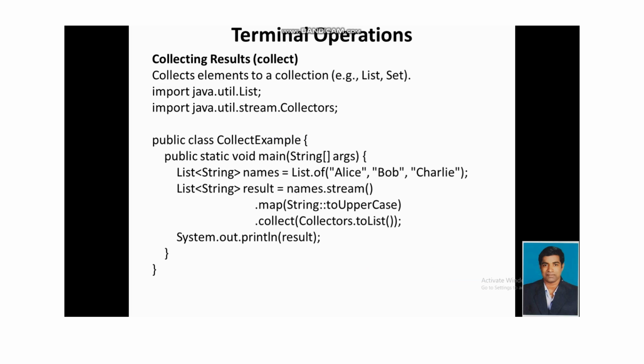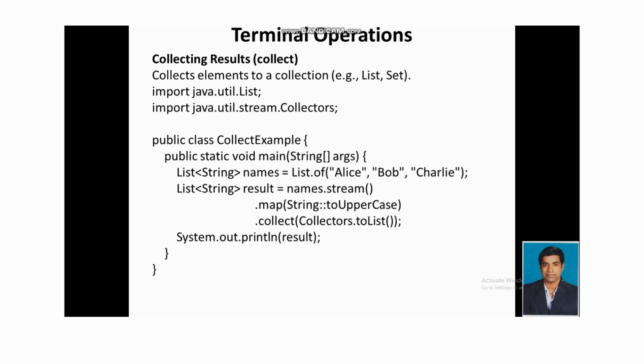First of all, after including the packages, the class: public class CollectExample we are seeing here. The class name is CollectExample, and the main method. Inside the main method, a String type list, name is names, List.of Alice, Bob and Charlie.